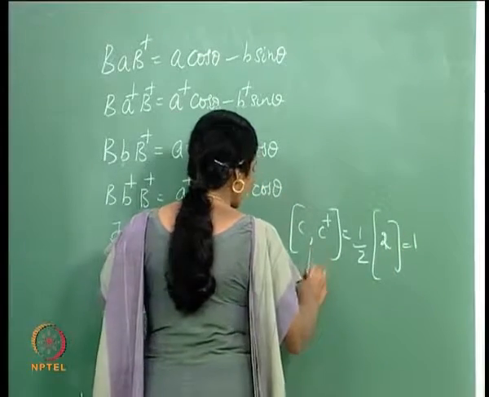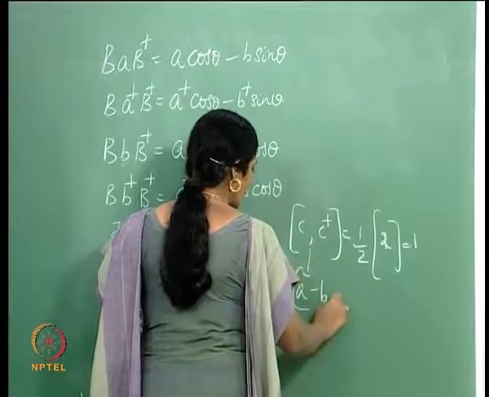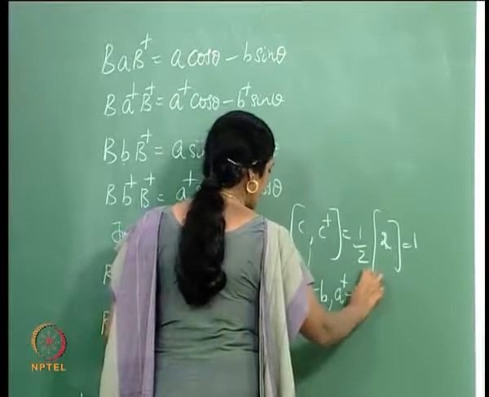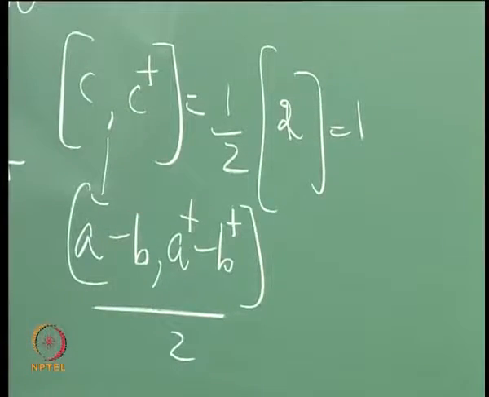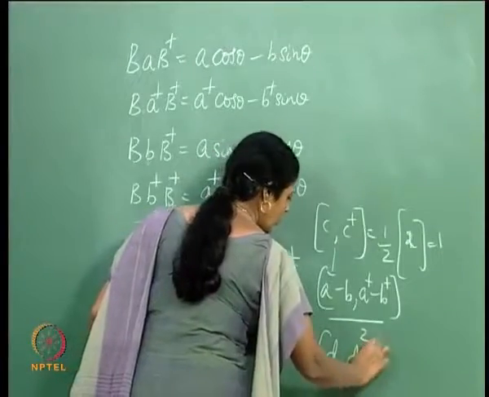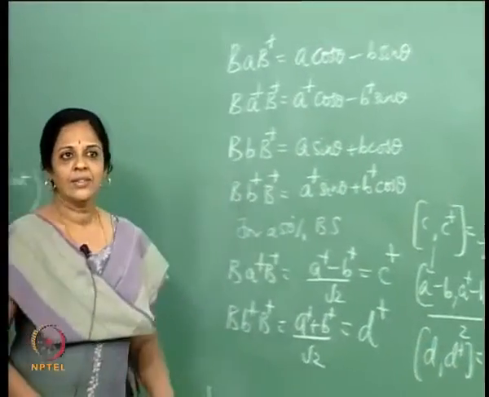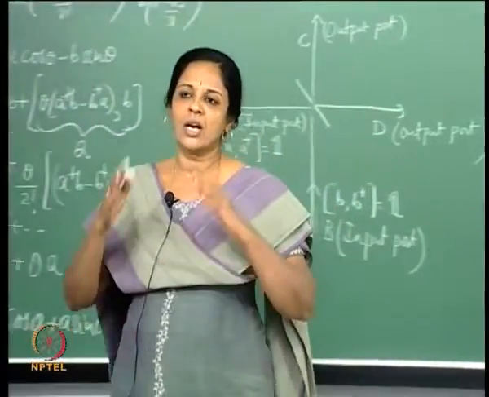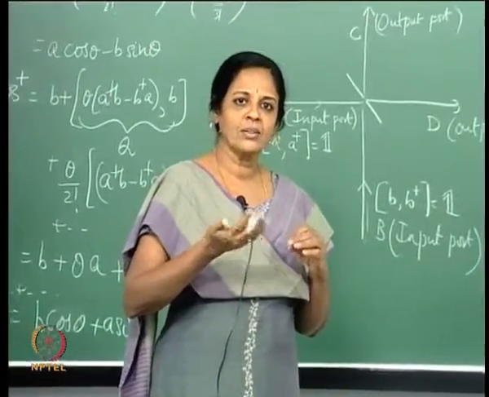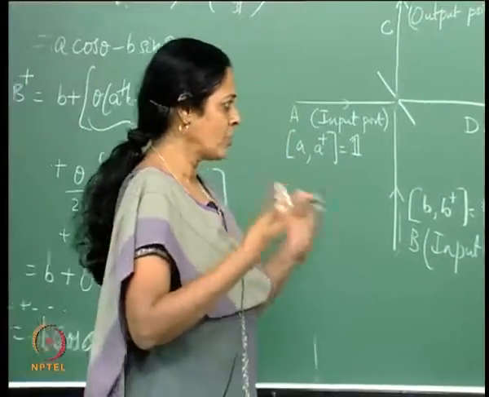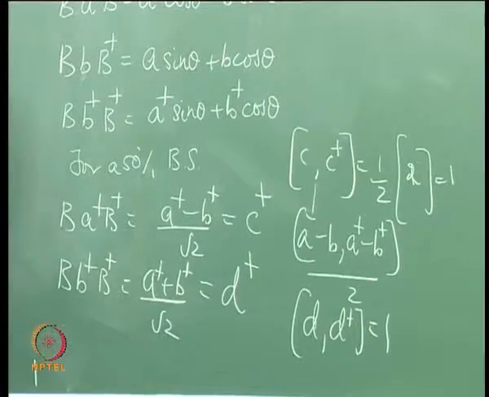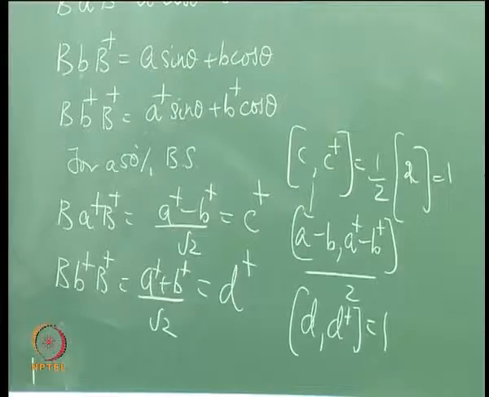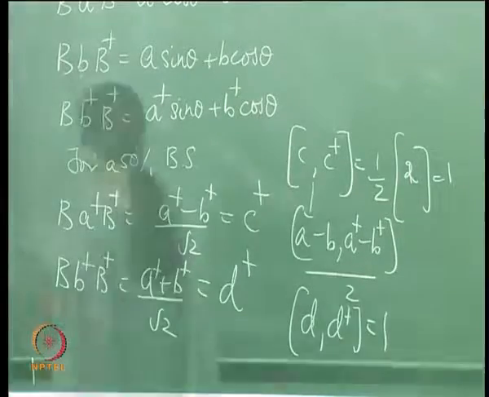So I have A minus B with A dagger minus B dagger by 2, and that is what I have written there as 1. Similarly, D with D dagger in the commutator is 1, and therefore I know that I have gone from the algebra A dagger is 1, B dagger is 1 in the commutator algebra, to C dagger commutator is 1, D dagger commutator is 1.